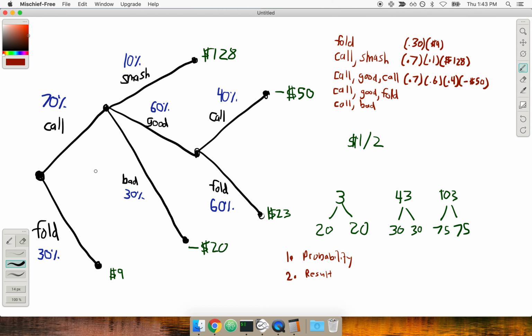Okay, so now to speed things up, call, good, fold is 0.7, 0.6, 0.6. And the outcome there is $23. And then call bad, that's 0.7 times 0.3, and here we lose $20.